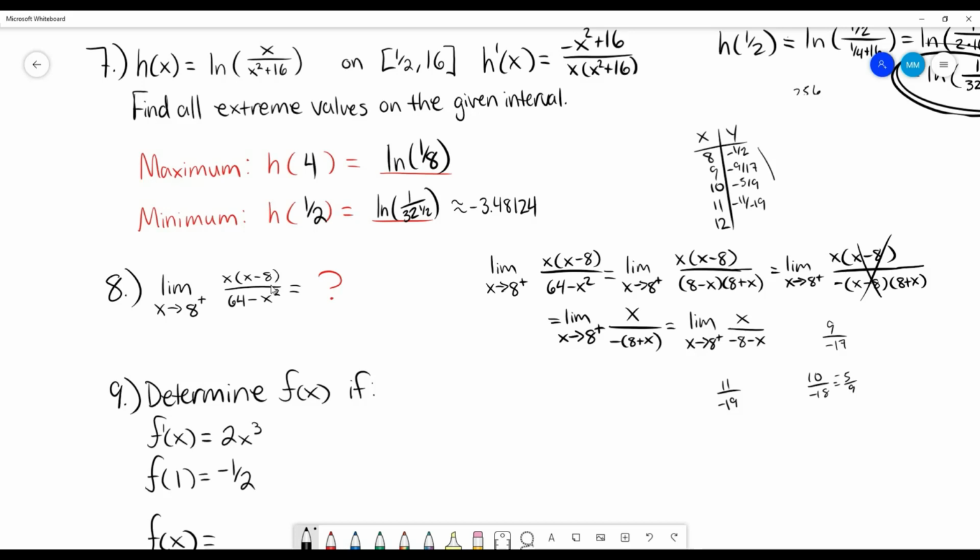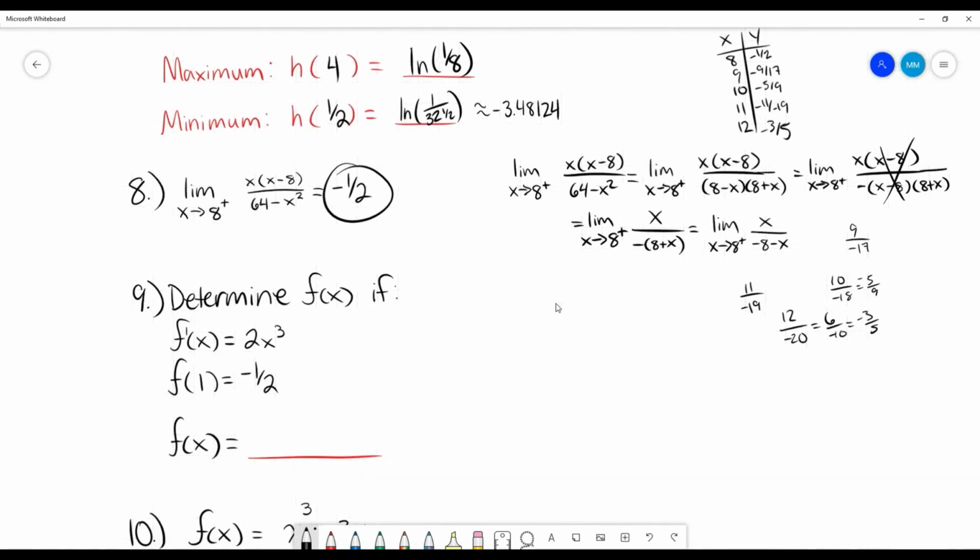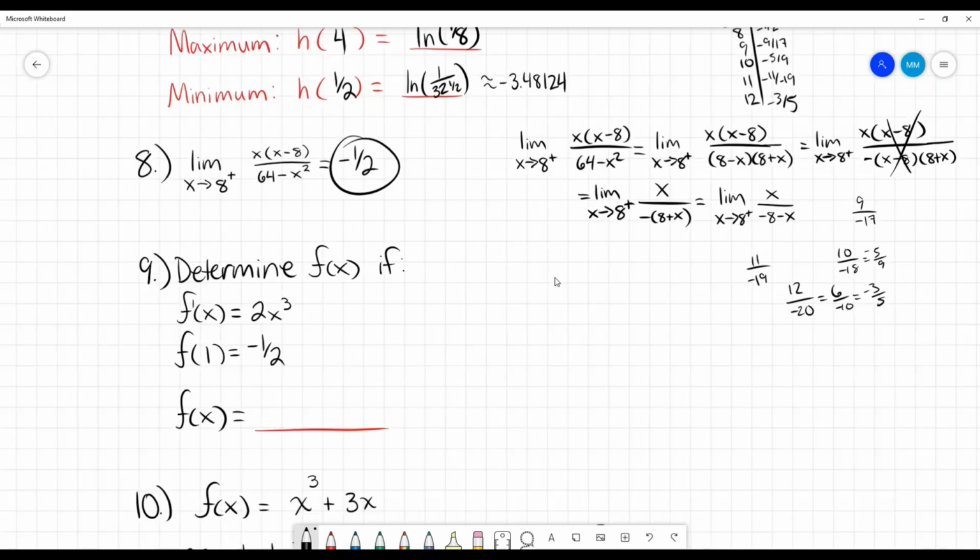Let's just try a 12. That's going to get me, yeah. So I think it's safe to say that this limit approaches negative 1/2 from the right side. In this case, probably from the left side as well, actually.